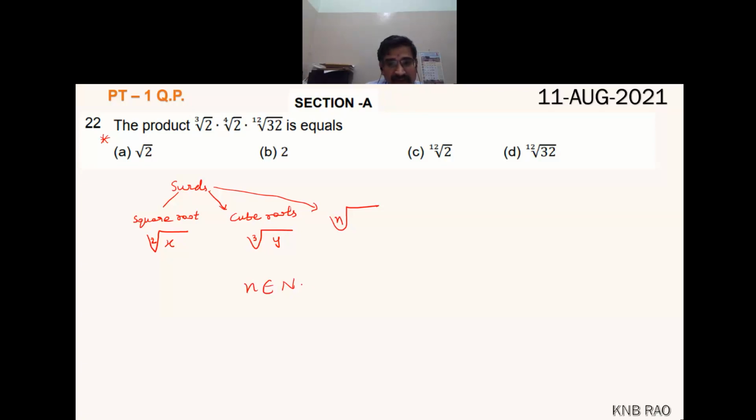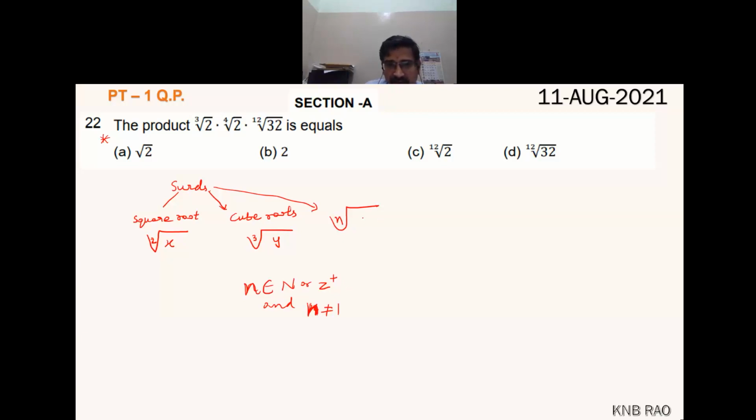In some of the books they write it this way, Z plus, and n should not be 1. Minimum index is 2 and above. This n is a natural number or a positive integer, with n not equal to 1.